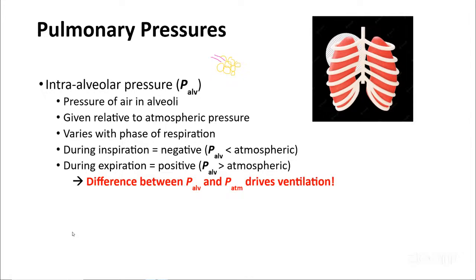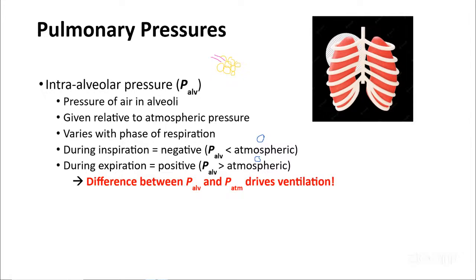Easier for us. We're seeing this intraalveolar pressure vary with our phase of respiration. Since we have set our atmospheric pressure to 0, because we're giving these as relative pressures, we're always going to figure out how to make that 0. Just change everything else.